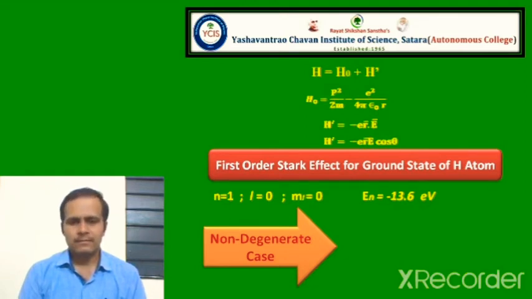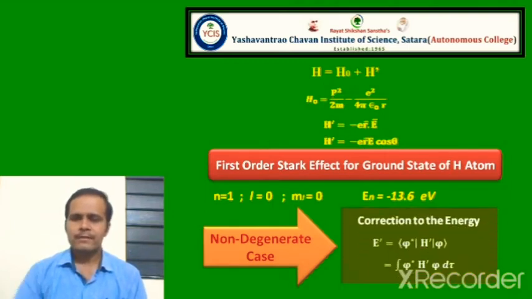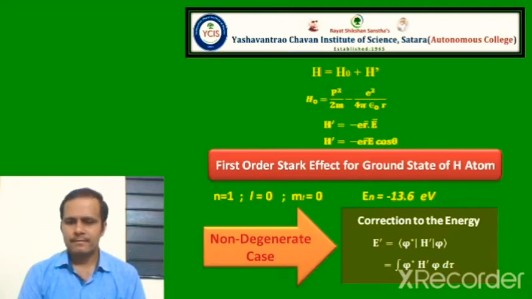In case of non-degenerate theory, we have the energy correction formula E dash is equal to integration of psi star H dash psi d tau. By using this formula, we can find the correction to the energy for the non-degenerate case.